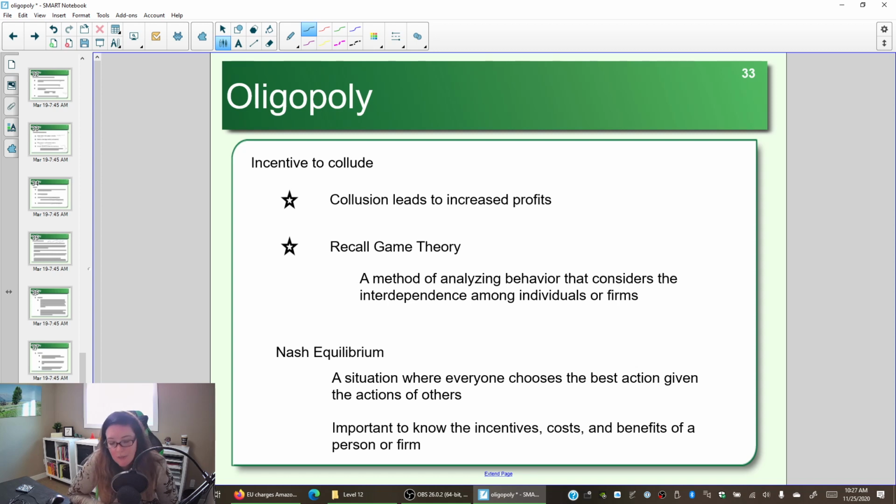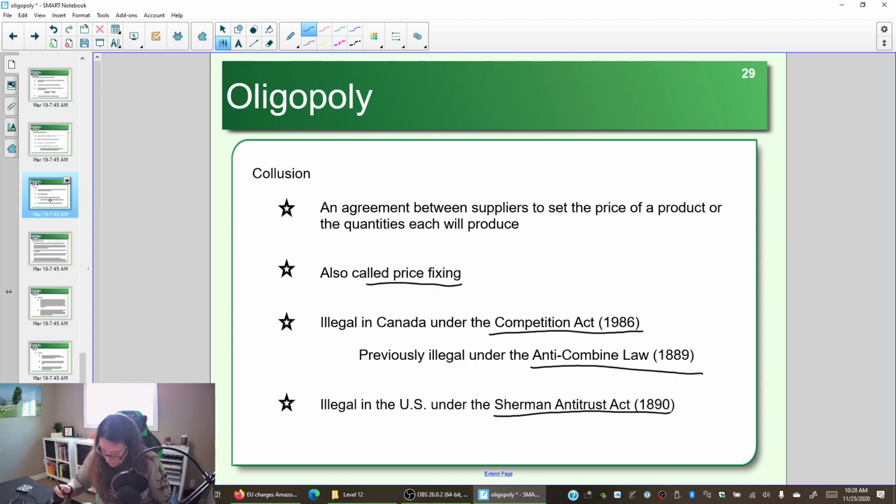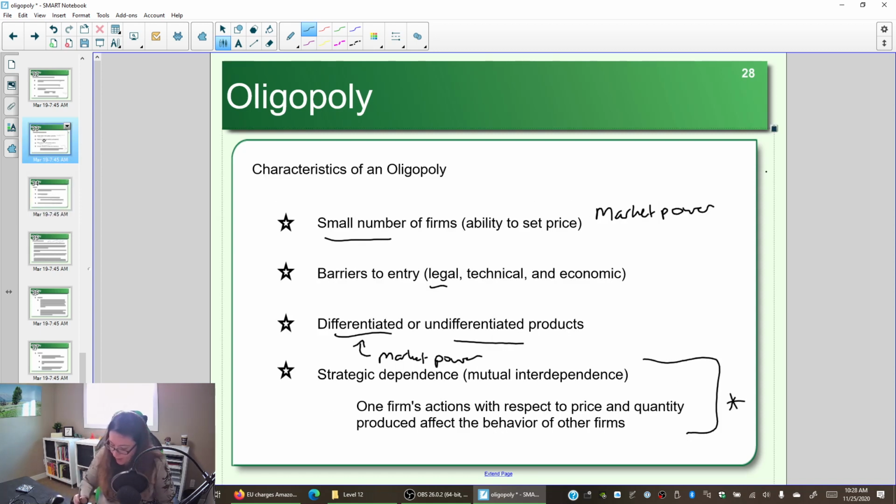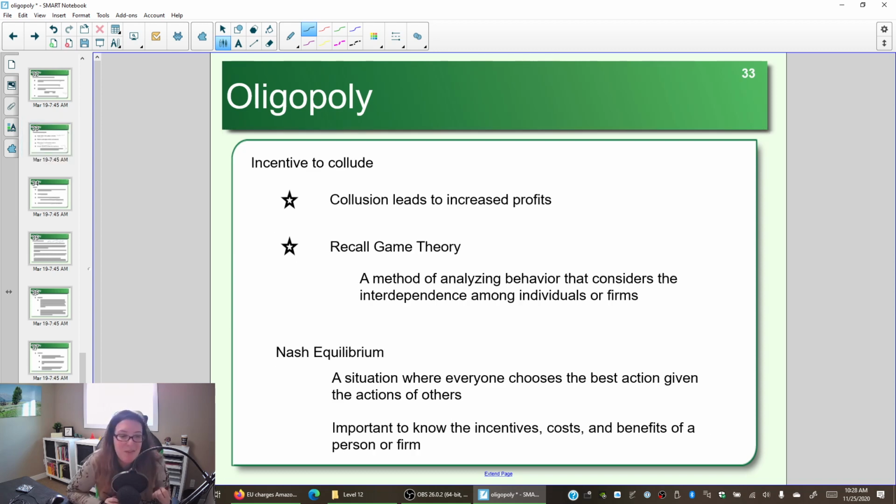So the structure of an oligopoly, the fact that we have this strategic dependence or mutual interdependence, this fact that the behavior of one impacts the behavior of others, creates an incentive for businesses to collude, for them to work together rather than compete because their behavior impacts another and the others impact them.